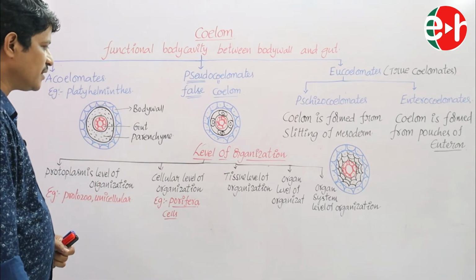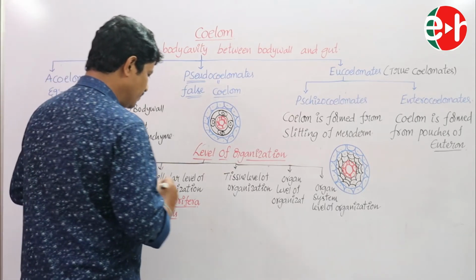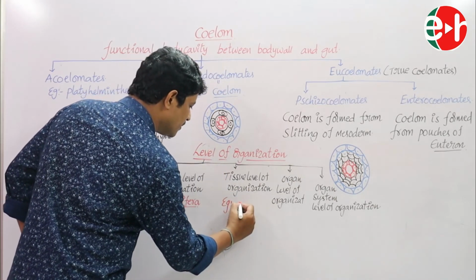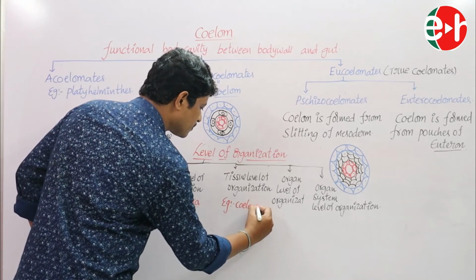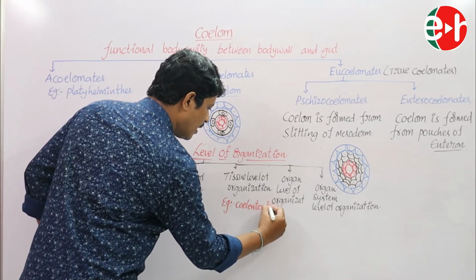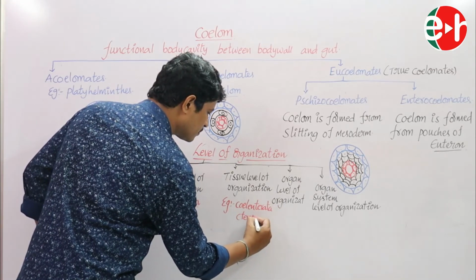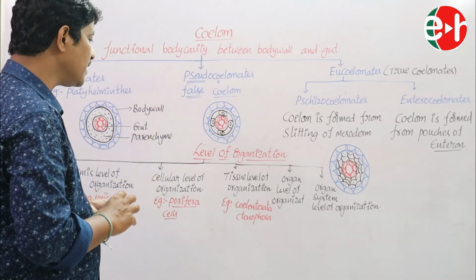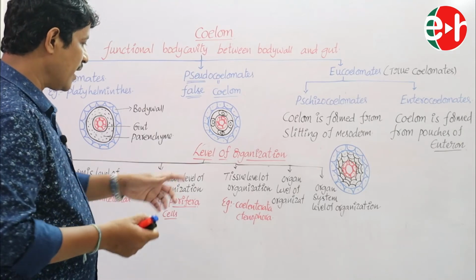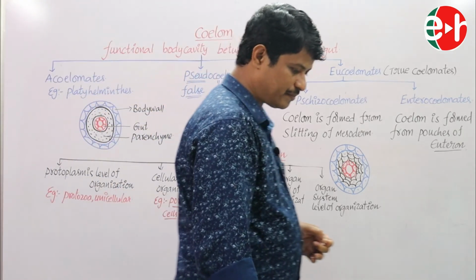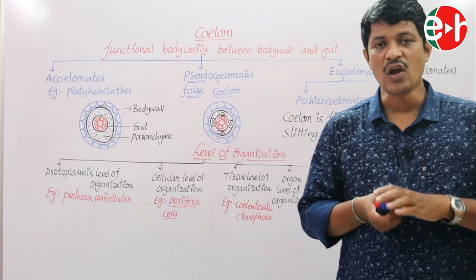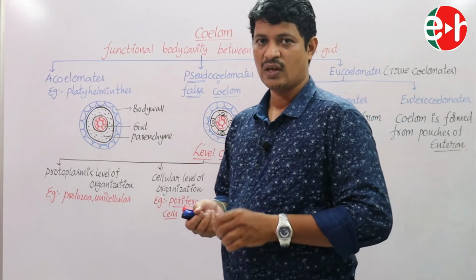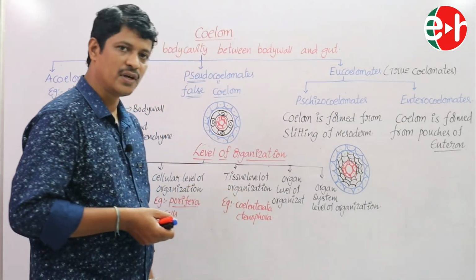Now we are going to discuss the tissue level of organization. Examples are Coelenterata and Ctenophora. In the tissue level of organization, the aggregation of cells in a coordinating manner is called the tissue level of organization.